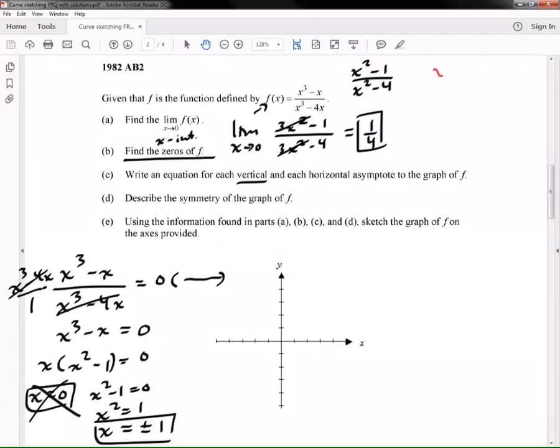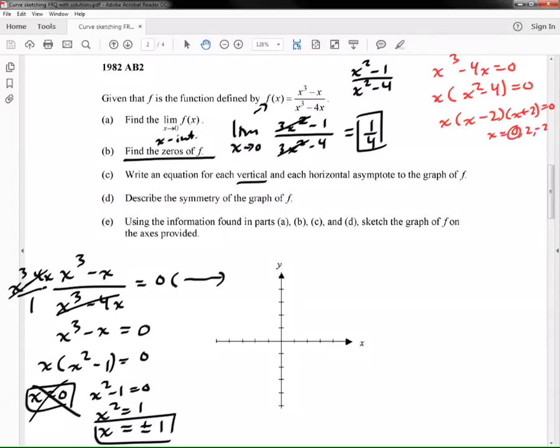So let's set x to the third minus 4x equals 0. You would factor out an x, you would get x squared minus 4. And then you factor this some more because it's a difference of squares: x minus 2, x plus 2. Or you could have just set it equal to 0. You'll end up getting the same thing. I get x equals 0, positive 2, and negative 2.